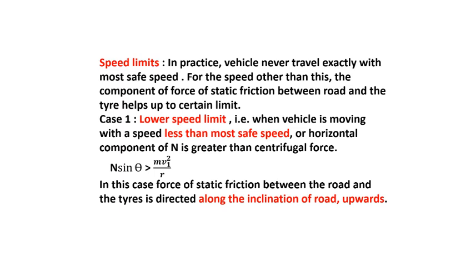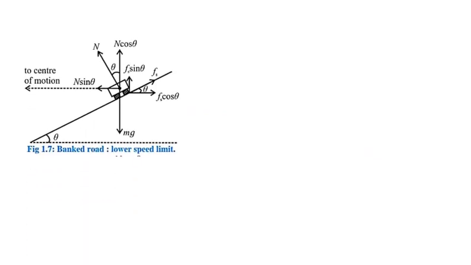Let us have a look at the diagram. Look here, everything is the same. The dotted line represents the horizontal surface, the banked road making angle theta with it. The vehicle, its weight acting vertically downward. N is the normal reaction. Now Fs is the force of static friction. It is directed upward.